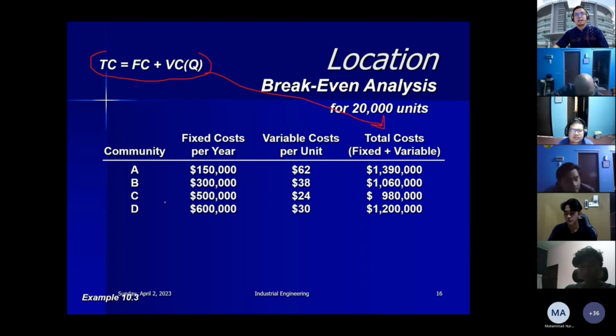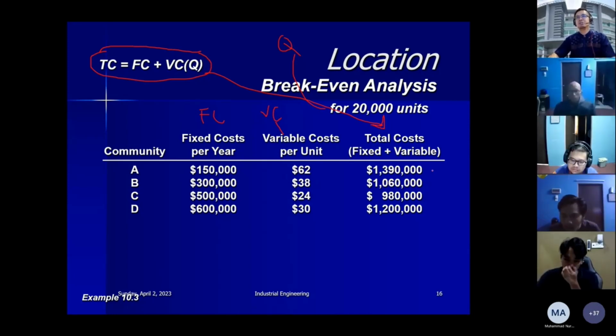This is FC, this is VC, variable cost, and this is Q. To calculate, please apply this formula: TC equals FC plus VC times Q. Is it the correct answer, the total cost?